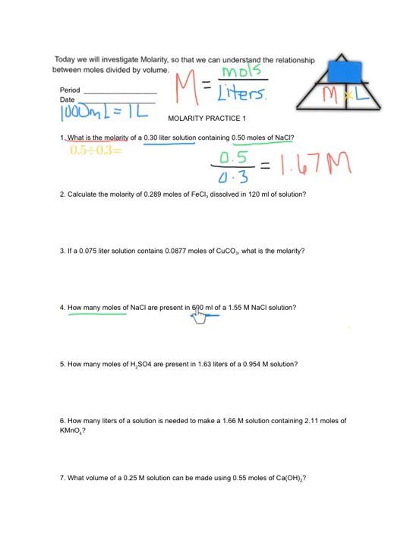So this is going to require some conversion. Let's go ahead and do that while we're here. So we have 600 milliliters, and we need to convert that to liters.